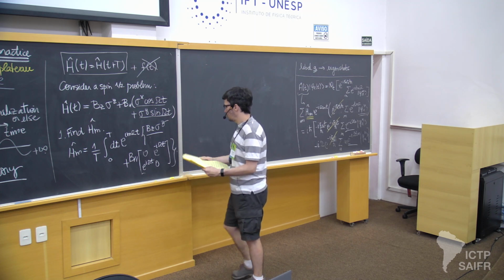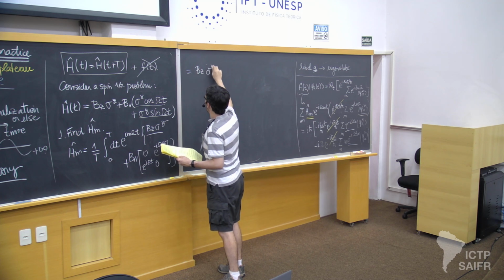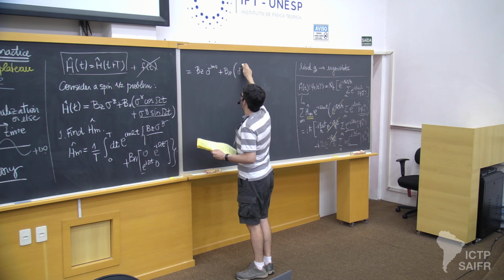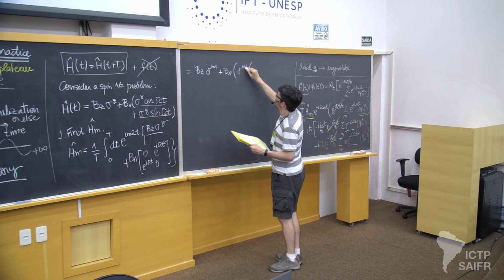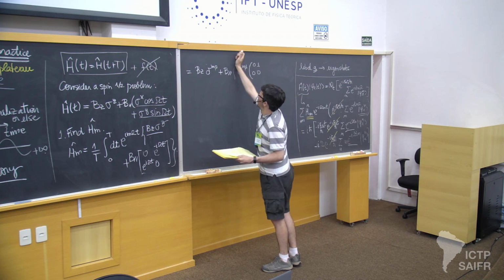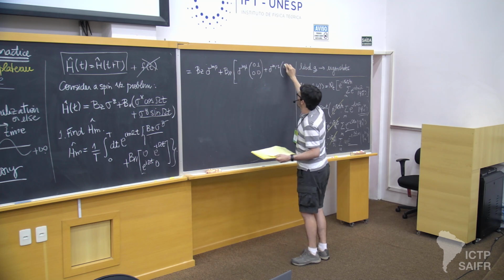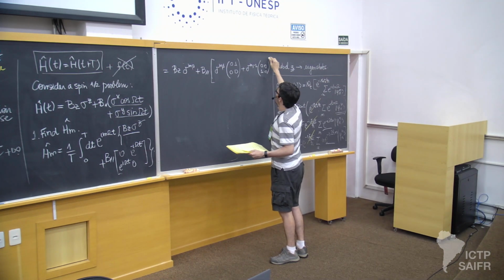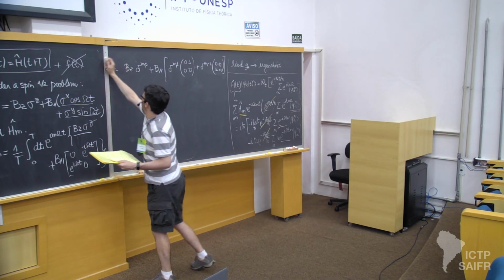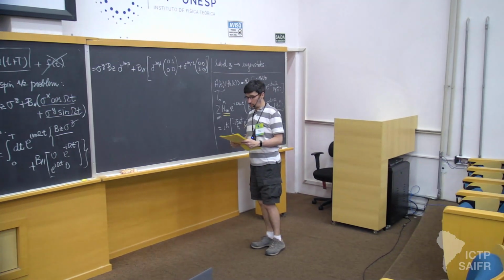This is equal to Bz delta of m,0 sigma z plus B parallel delta of m,1 times the matrix 0, 1, 1, 0 plus delta of m,minus 1 times the matrix 0, 0, 1, 0. That's right, thank you, sigma Z. Very good.